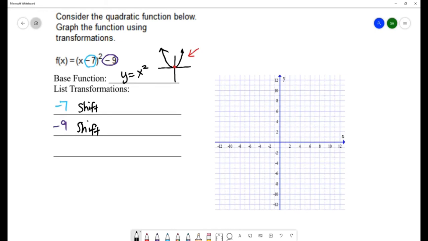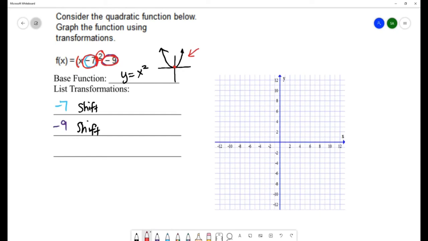And so I know that I have a shift. Now there are two types of shifts. You can have a vertical shift, which means that you're shifting up or down, or a horizontal shift, meaning you're shifting left and right. And we can distinguish between those two types of shifts based on where the adding happens. So if we focus on this squared, we can see that this minus 7 happens inside of the squared versus the minus 9 happens outside of the squared.